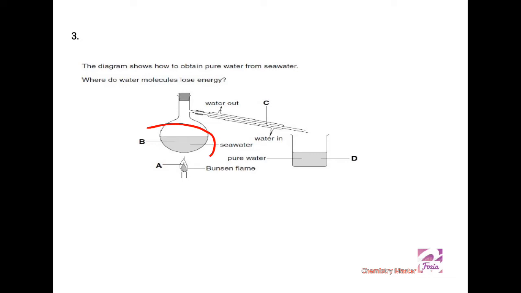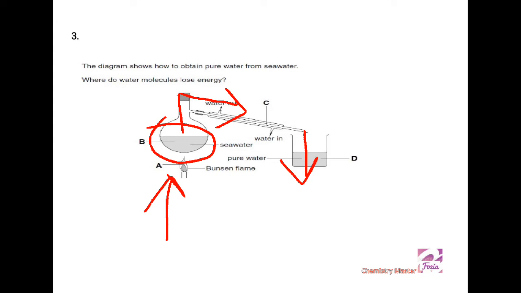The liquid in option B is absorbing heat energy from A. Then the liquid is vaporized and passed through this condenser, where the cold flowing water condenses the vapors back into liquid, which is collected here in the beaker at D. So the question is, where do water molecules lose energy?